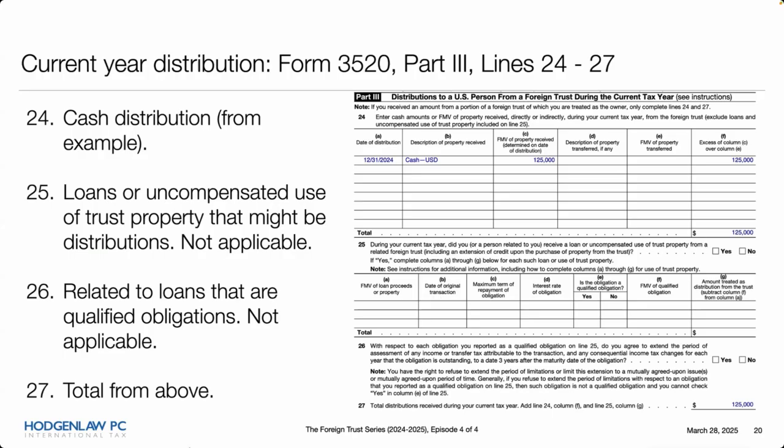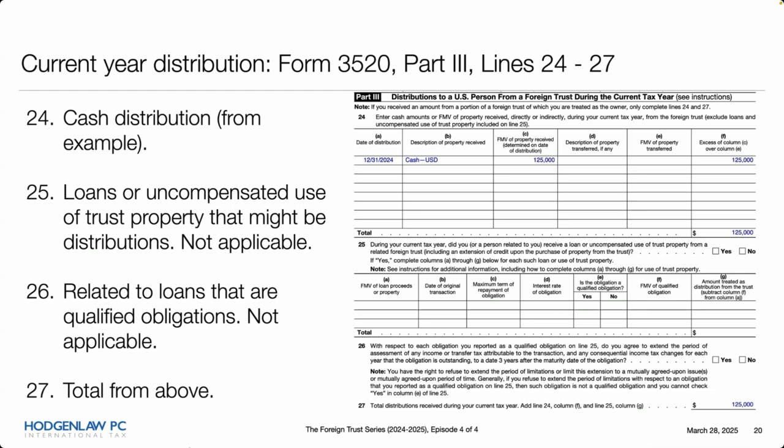Line 26, do we have any loans that are qualified obligations? In other words, the loan was made from the trust and would ordinarily be deemed to be a distribution to the US beneficiary, but it's not because it fits within that 5 years and enough interest and all that stuff. No, we didn't have any of those.